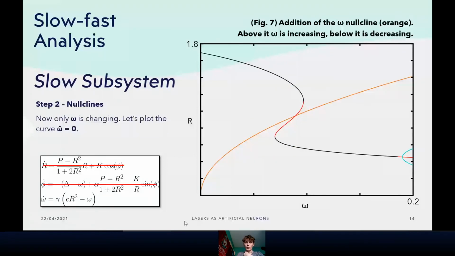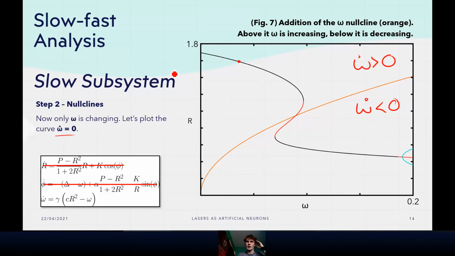So the slow system now, to understand it, we draw this line here. And this is the line omega dot equals 0, the omega null line. And it breaks our plot into two regions, where omega is increasing and where omega is decreasing. So this tells me if I'm at a fixed point here, R and phi aren't changing.